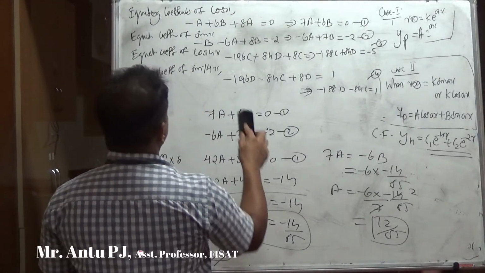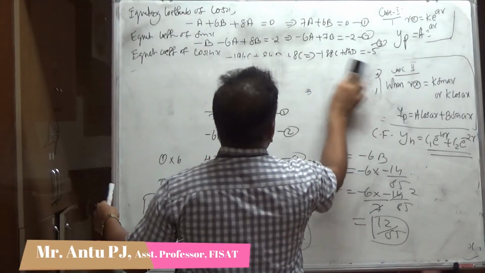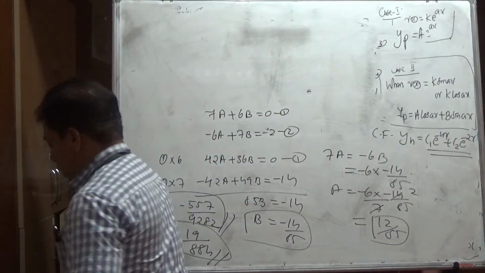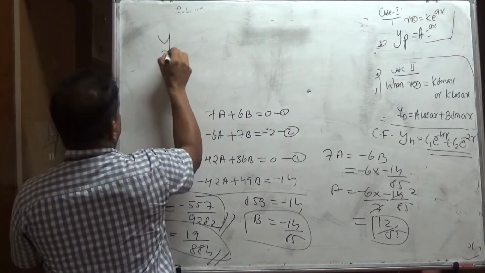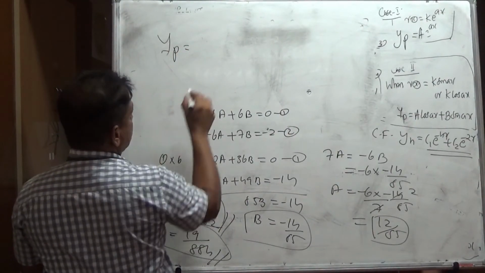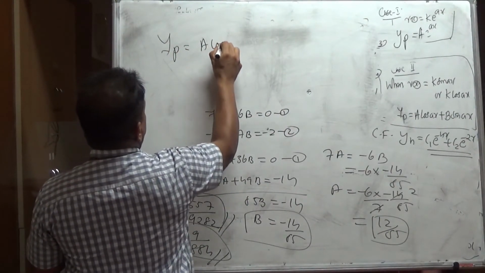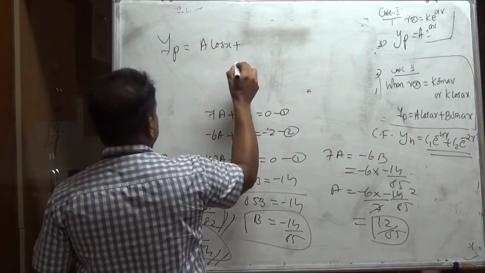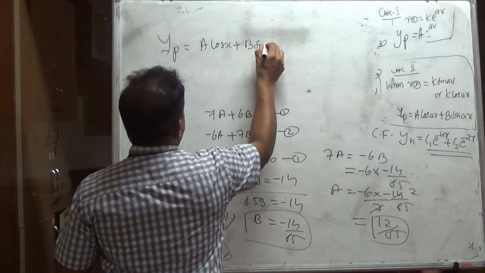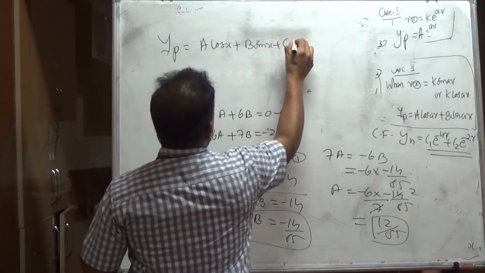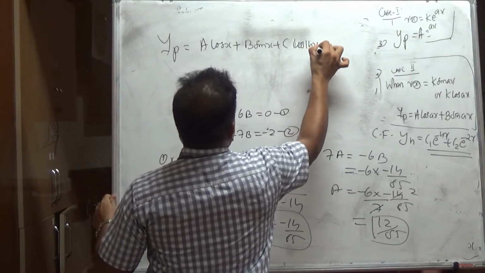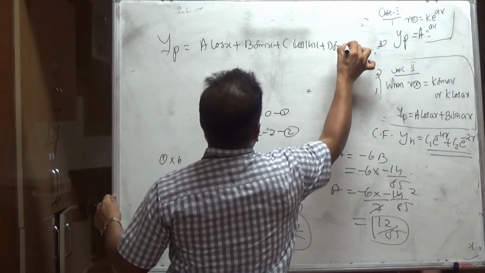Therefore, our particular integral will be yp is equal to a cos x plus b sin x plus c cos 14x plus d sin 14x.